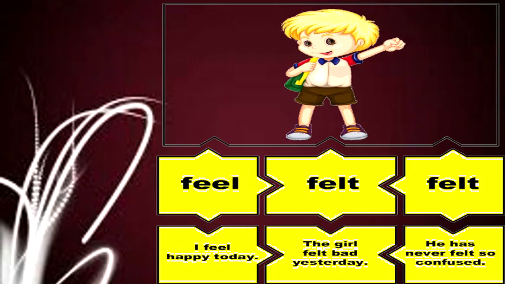The second or the past form is felt. The girl felt bad yesterday. This is simple past tense in which we are using the verb felt, F-E-L-T. The third form is also same, felt, which is used in present perfect tense here.